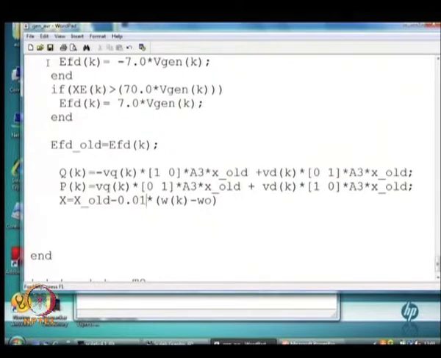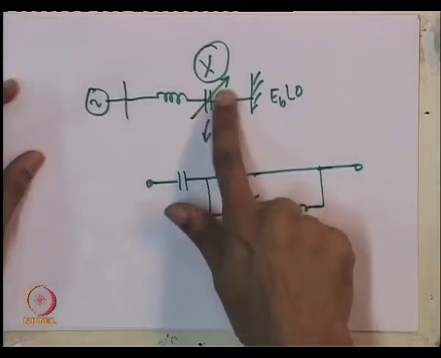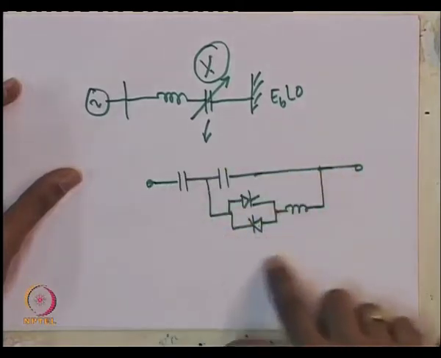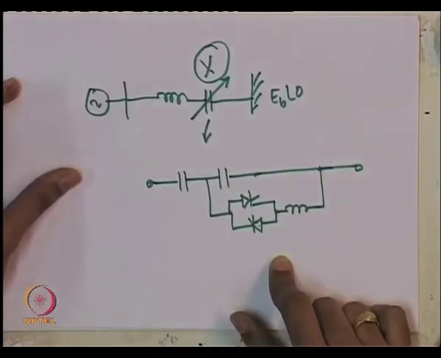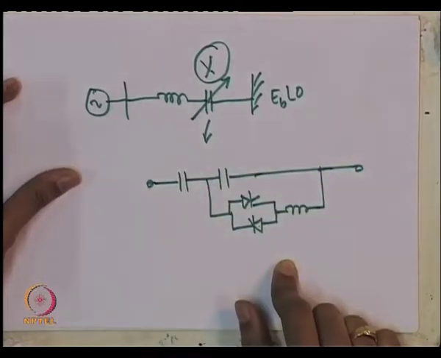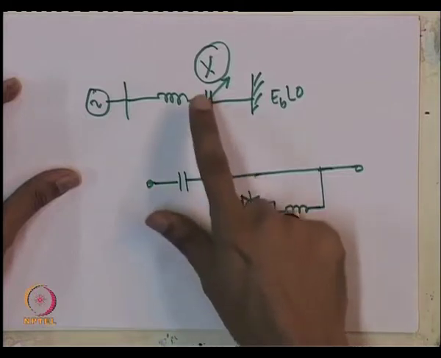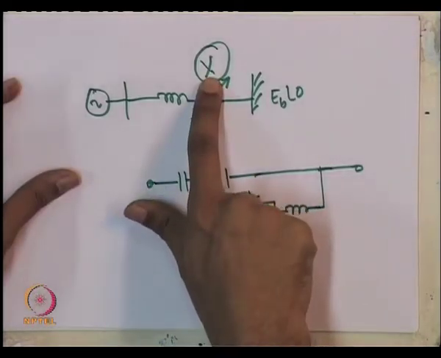One thing which you should note is that in actual practice, you would implement a variable reactance by using what is known as a thyristor controlled series compensator. Now, this is also a dynamically acting device. So, it is not certainly true that if I give a change in firing angle, immediately it gets implemented and you get a variable change in x.